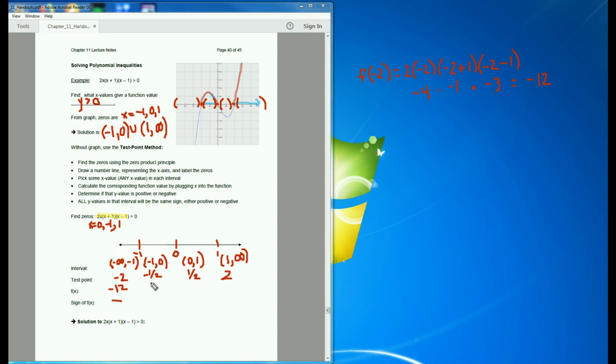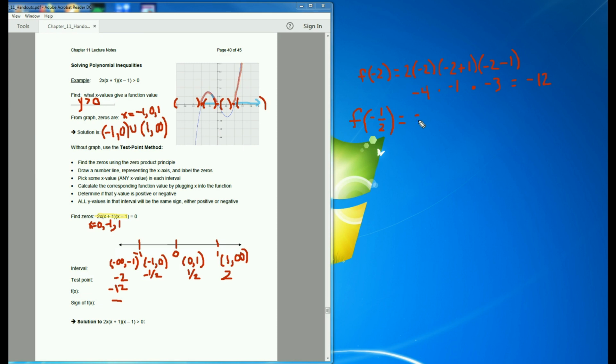Now -1/2. Let me come off to the side here. So in this case, f of -1/2. At this point, this could be a giant hassle because I don't feel like calculating this for this fraction. Well, let's try this.